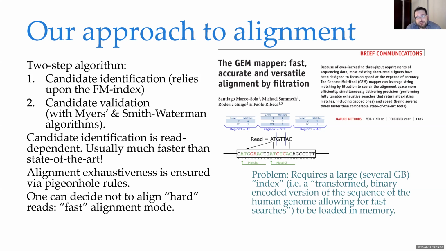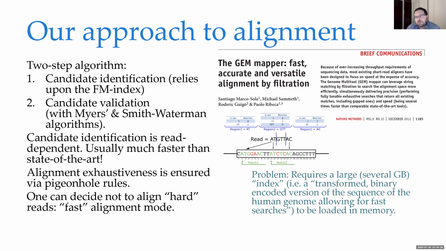The problem is that this algorithm is designed with a physical computing node in mind. It requires a large index, as it is called in jargon, to be loaded into memory. An index is a transformed binary-encoded version of the reference genome for human, for instance.